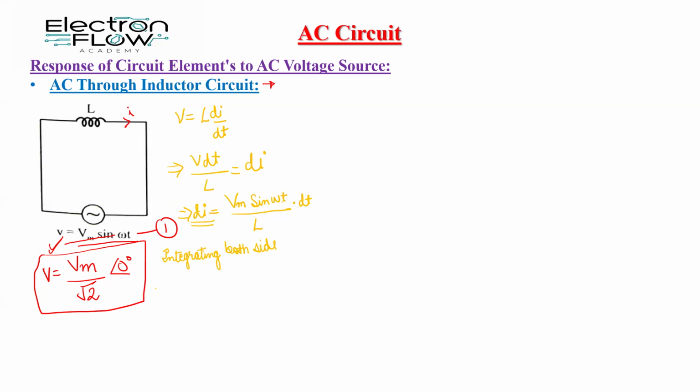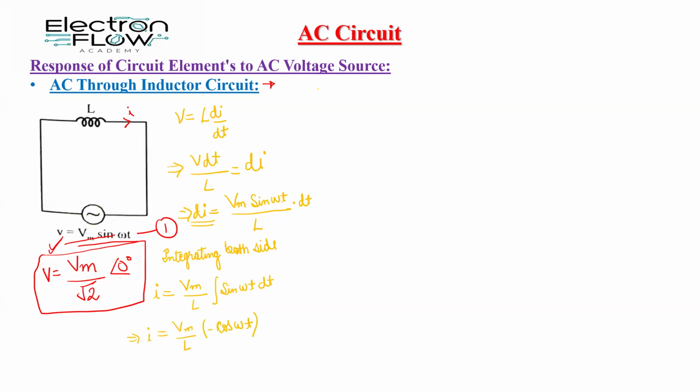So we get I equals Em upon L times the integration of sin omega t dt. We know that the integration of sine is minus cos omega t.